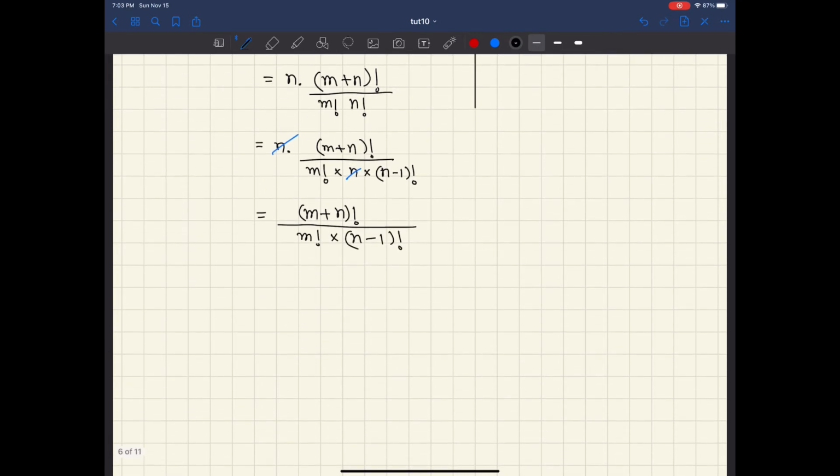Now we can multiply the numerator and denominator by the same number, which would be m plus 1. And this gives us (m plus 1) times (m plus n) factorial over (m plus 1) into m factorial into (n minus 1) factorial.